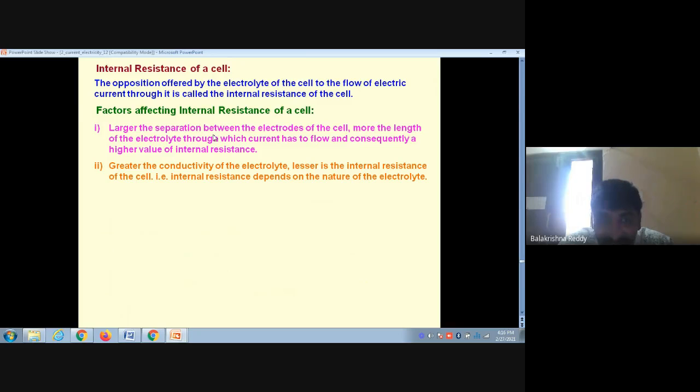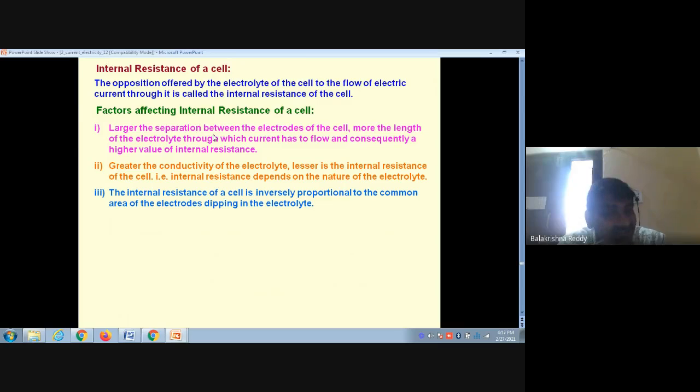The greater the conductivity of the electrolyte we are using inside, the lesser the internal resistance. That means internal resistance depends on the nature of the electrolyte also.